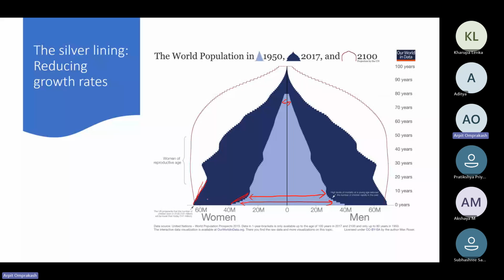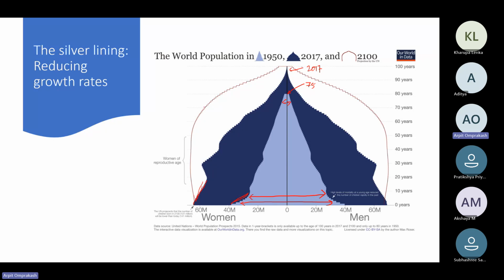Also, the average life expectancy of the population has increased, because here there are no individuals after, let's say, 75 years in 1950, but here there are individuals still around 100 years in 2017. Then 2100 is the projected growth, where basically we will have this tapering at both sides.